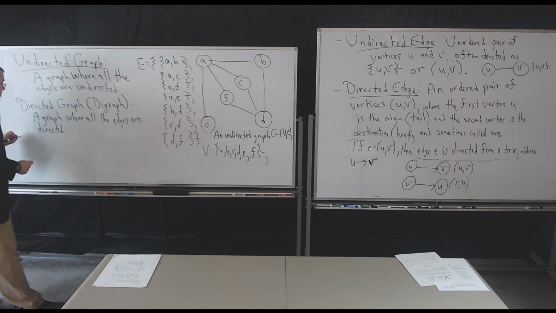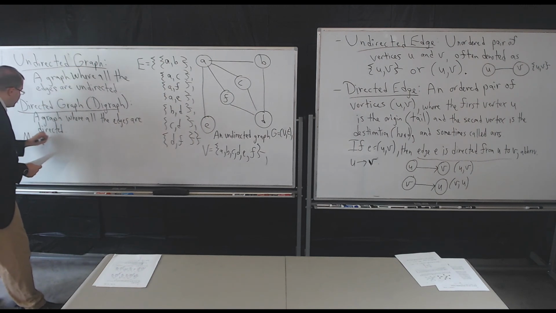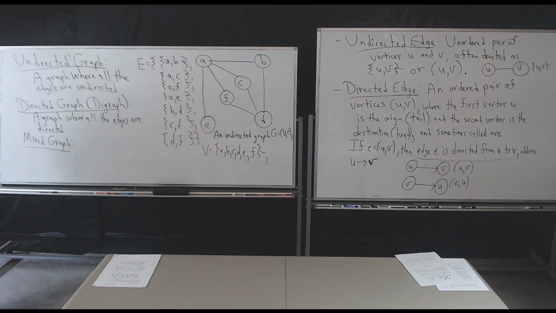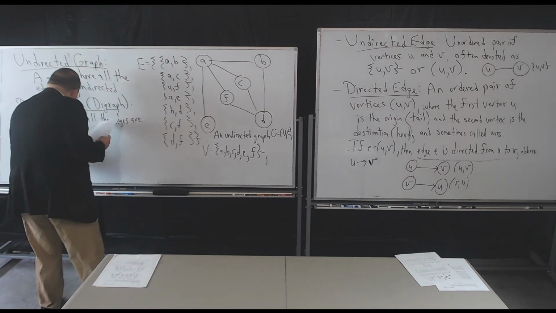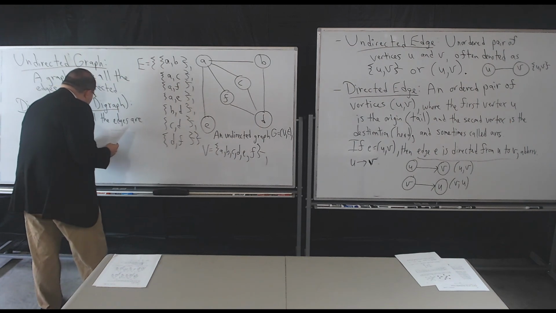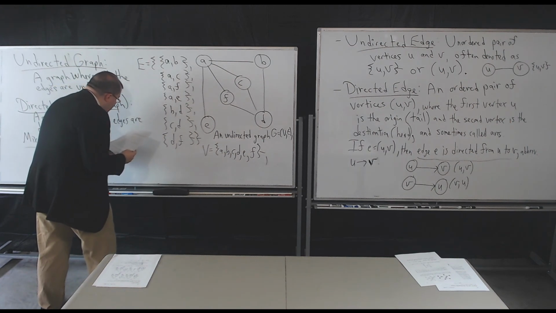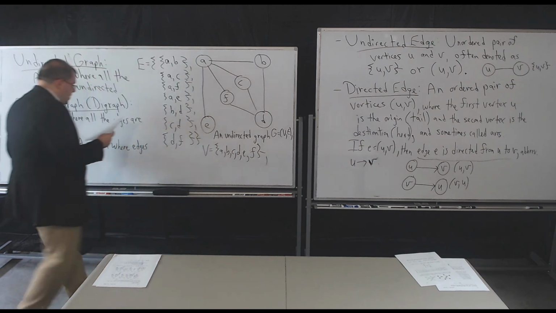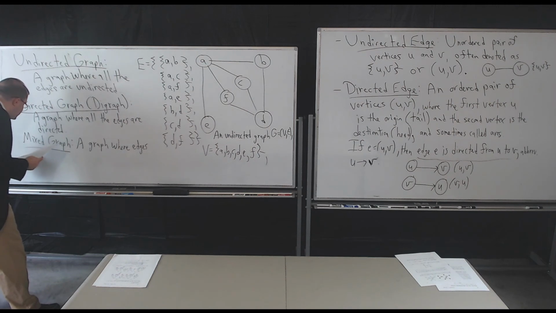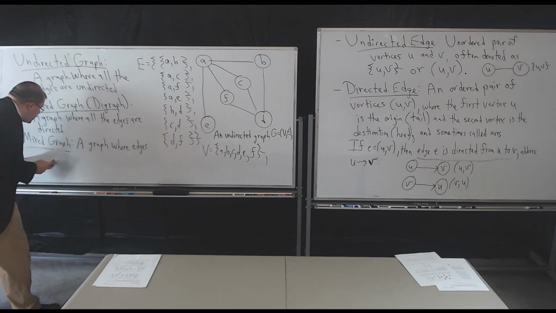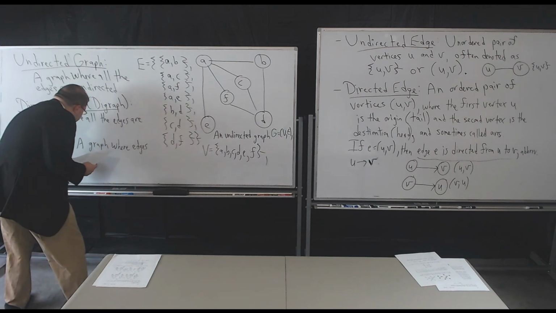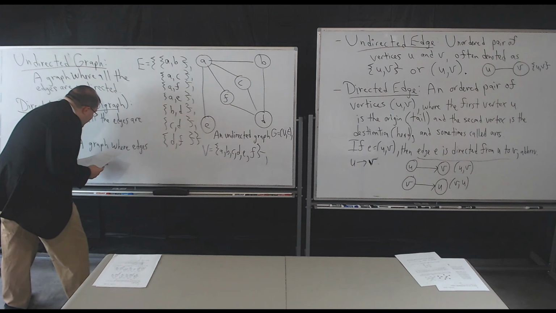One last one is called a mixed graph. As you might naturally think, a mixed graph is simply a graph where the edges are directed and undirected.